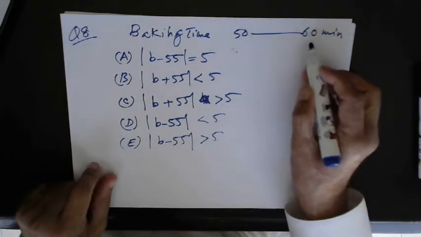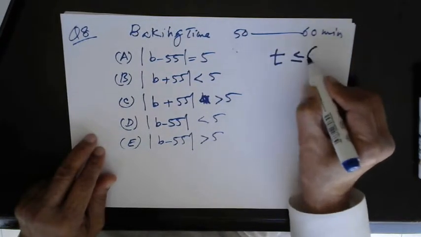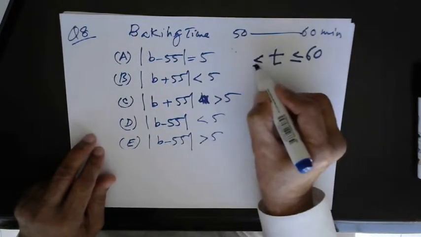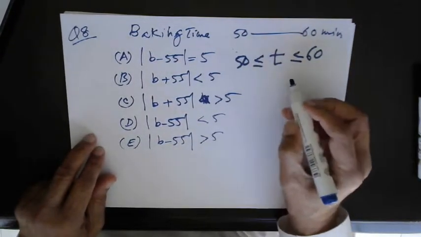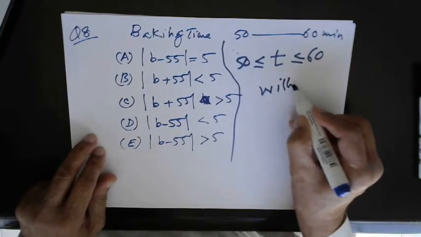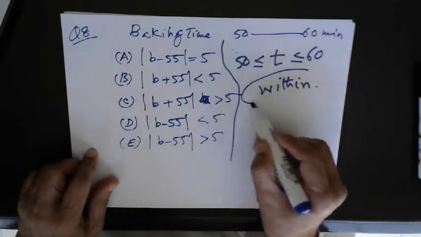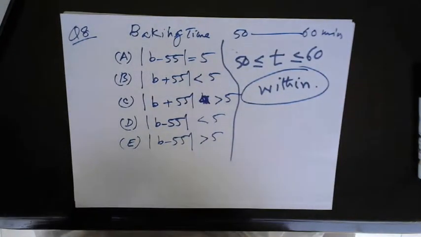And not more than 60, it means 60 is also included. So I can say T is less than or equal to 60 and is greater than or equal to 50. Now there is a word used in this problem, and this is within, right? So I'll talk about this word later on as we solve the problem.